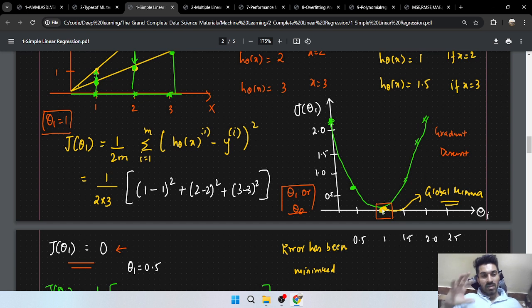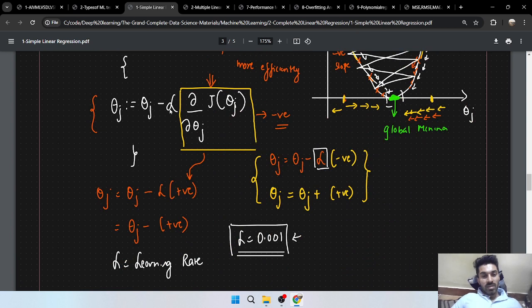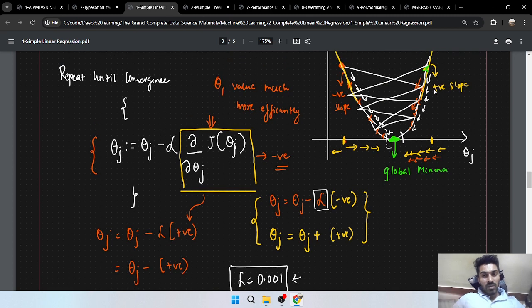At the starting you will start with any random m value, say 2, and this is the first epoch. In the next epoch, we apply this formula again. If you find the derivative of this cost function, you can see that it's a positive slope.